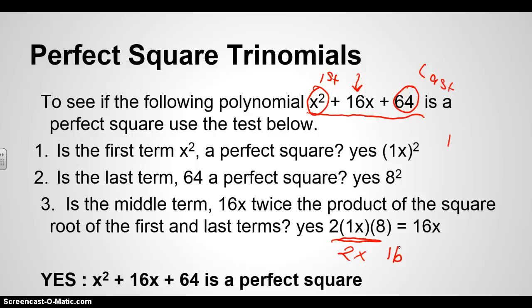Actually, let's take that back. When you multiply 2 times x times 8, that's just going to give you 16x. Sorry, I was looking too much into that there. So yes, when we look at this polynomial, x squared plus 16x plus 64, this is a perfect square trinomial.